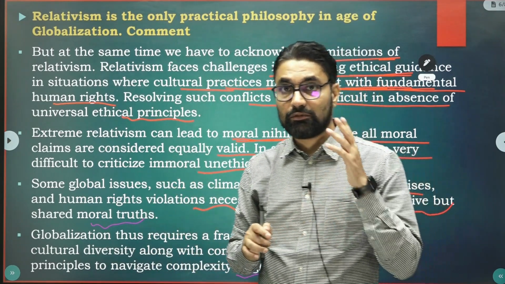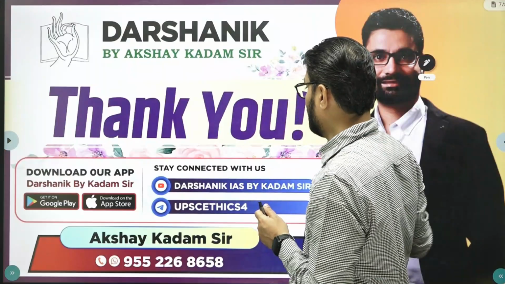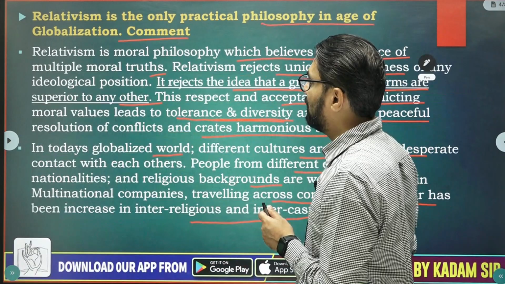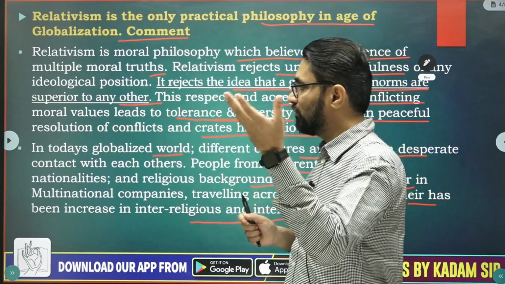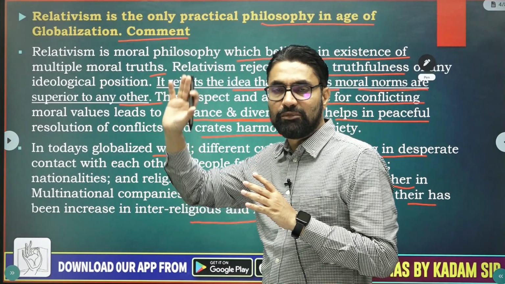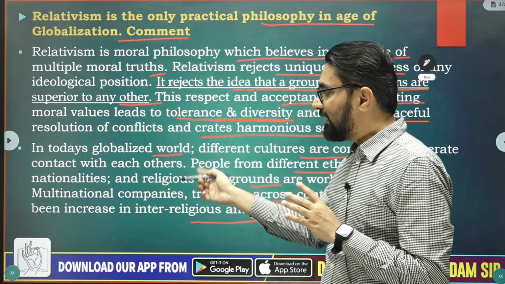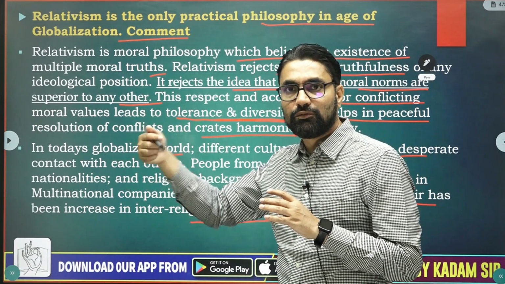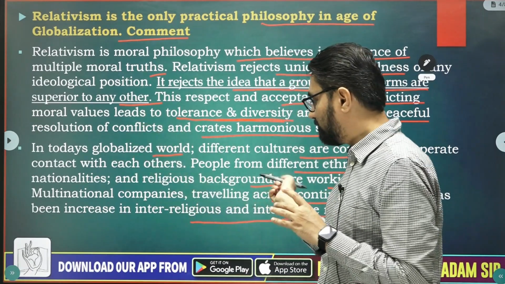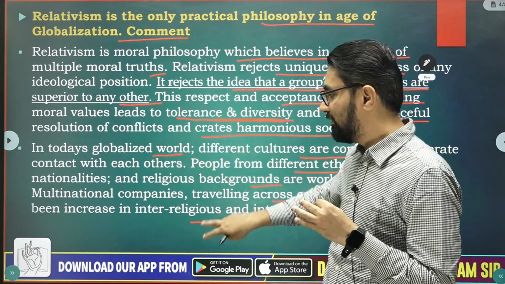Now in this, see at how many levels we have debated the question, and that you need to do. So first we defined relativism. As part of the definition, we established its core idea. It doesn't believe in one universal truth. It respects and allows conflicting truths. Then, why are we discussing this in a globalized world? We debated that because globalization is increasing intermarriage and so on, which we discussed.